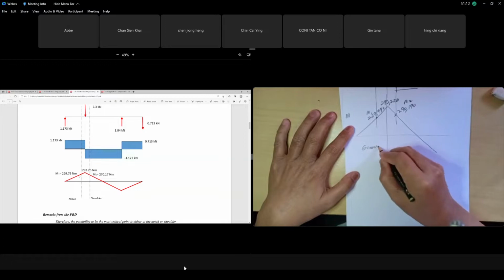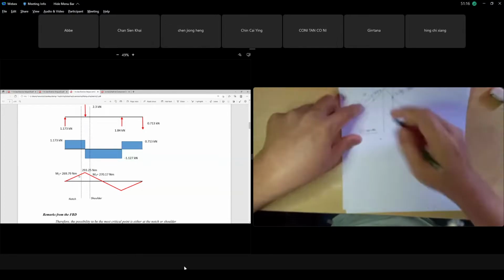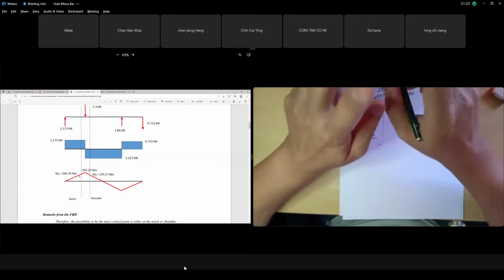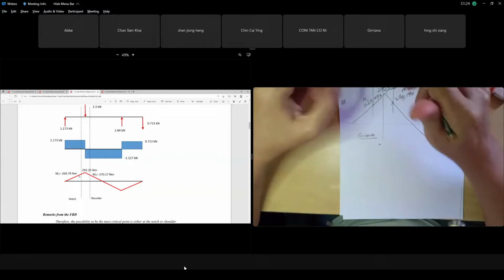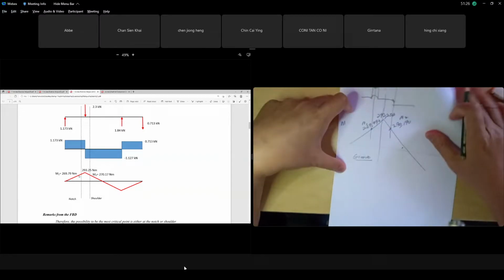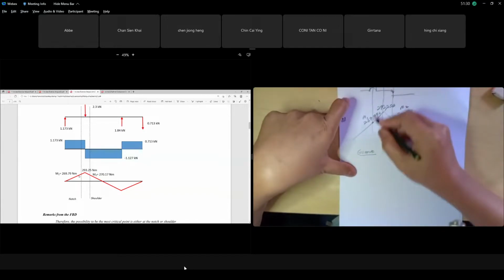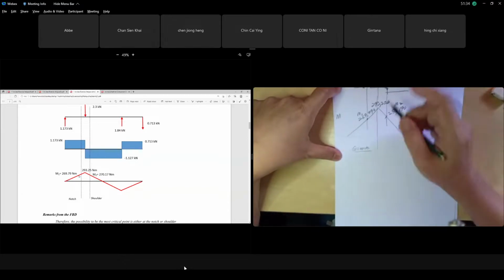You just write the groove case. At the groove case, we have our moment here. Can you see? We have our moment. One more thing we need to consider at the groove: do we have bending? Since we have moment at the groove, at this point here at the groove, we have bending stress.